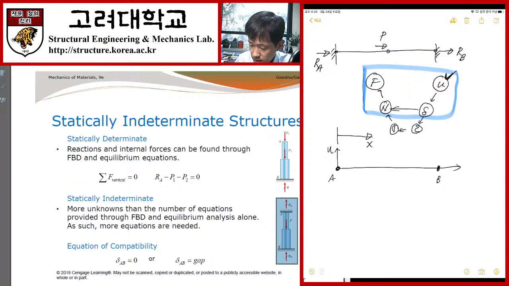And then this is point C. The length here is given by L1, and this is L2.